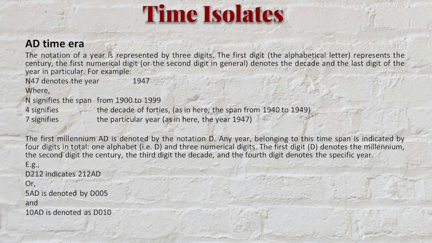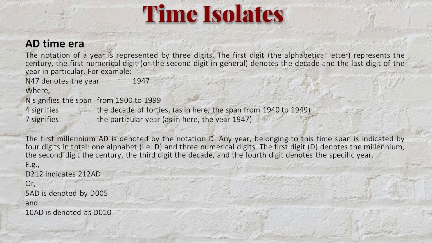As for example, in the first millennium AD, the year 212 will be indicated as D212, or the year 5 AD is denoted by D005.